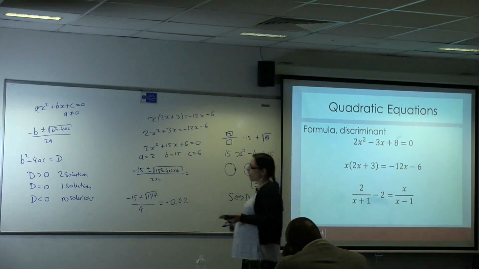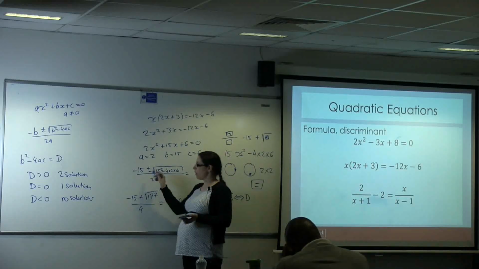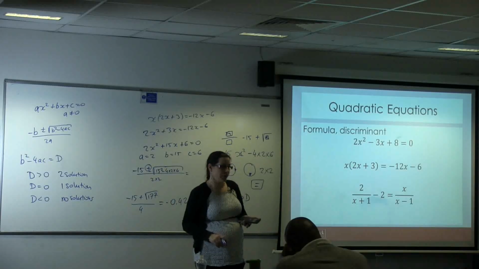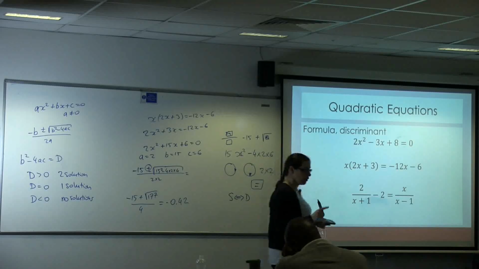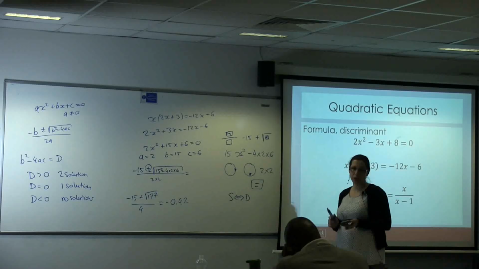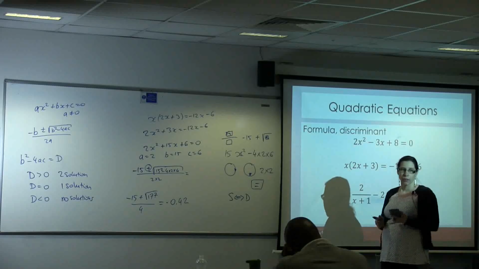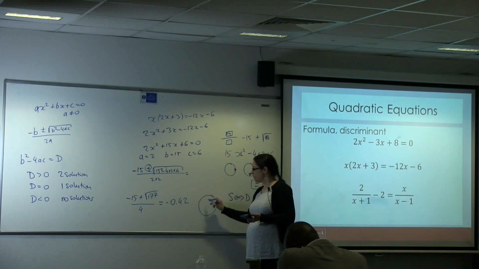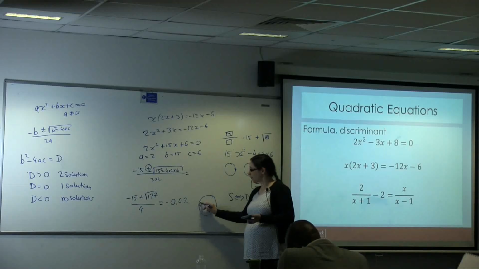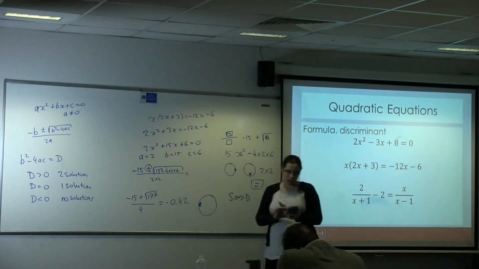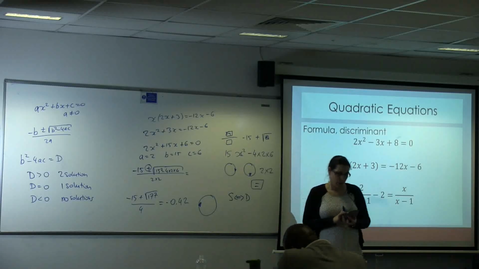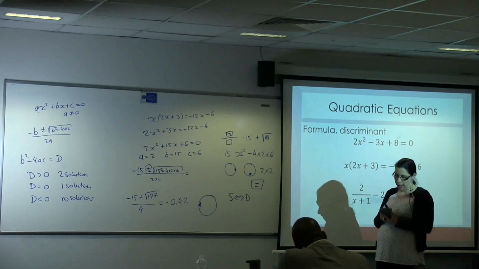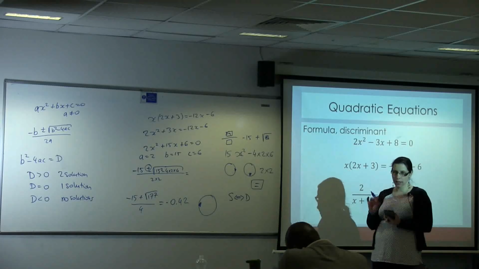Now, I want to find the other solution, because remember, we just used the plus. Don't clear your calculator yet, because if you want to be savvy, on the navigation button, press this, and press this until your cursor is flashing in between the plus and the root sign.